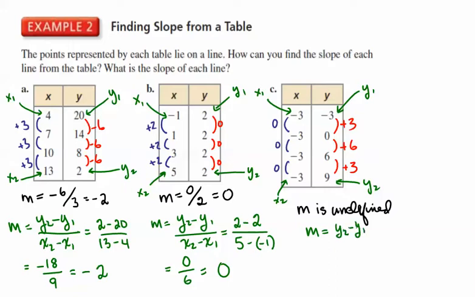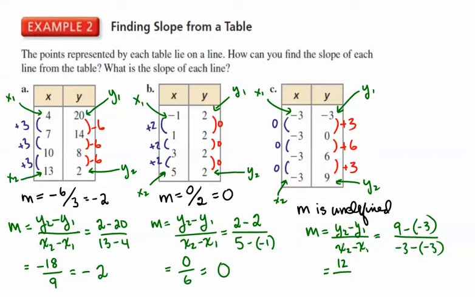Alright, y2 minus y1 over x2 minus x1, and y2 is 9, y1 is negative 3, x2 is negative 3 minus x1, which is negative 3, and we end up with 9 minus negative 3, which is 12.